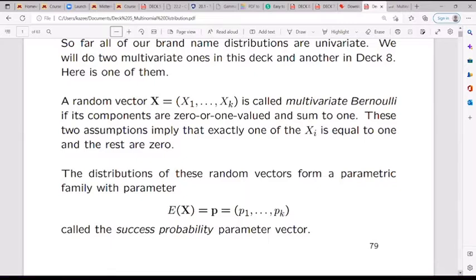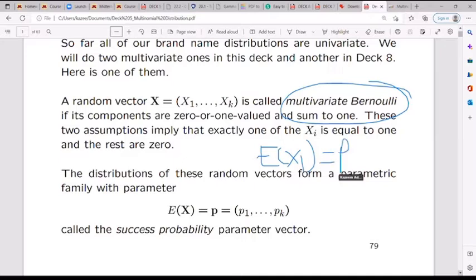Now you remember the other time, if x follows Bernoulli distribution, the expected value of x is going to be p, right? But in a situation where we're talking about multivariate Bernoulli, if x1 follows Bernoulli, the expected value of x1 is going to be equal to p1, x2 follows Bernoulli, the expected value of x2 equals p2.